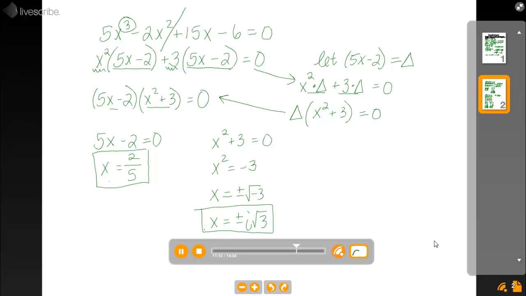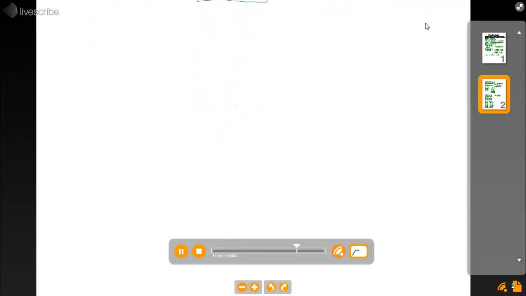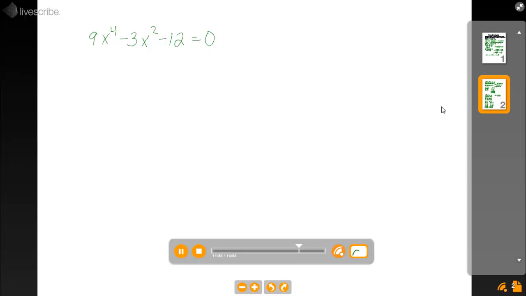Let's do an example of a quartic polynomial equation. How about 9x to the 4th minus 3x squared minus 12 equals 0. Let's see, factor by grouping wouldn't make sense here because there's only 3 terms. We can't group 2 and 2.